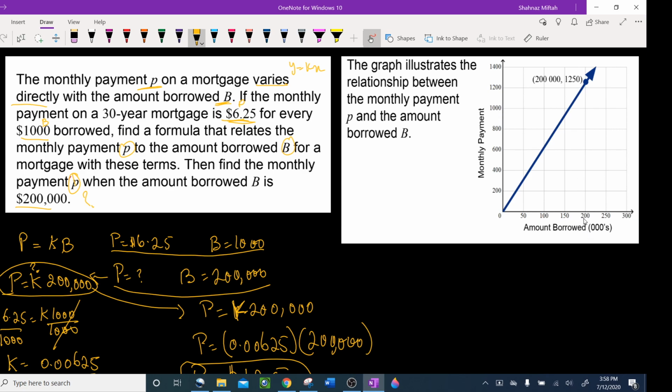Since I'm borrowing $200,000, the payment is between $1,200 and $1,400, like for example 1,300. And since my line is coming up here, that's 1,250. So it's increasing. The more money you borrow, the payment is going to increase.